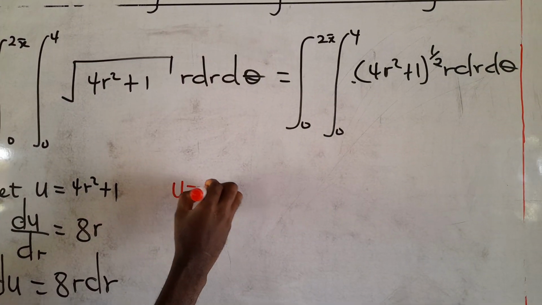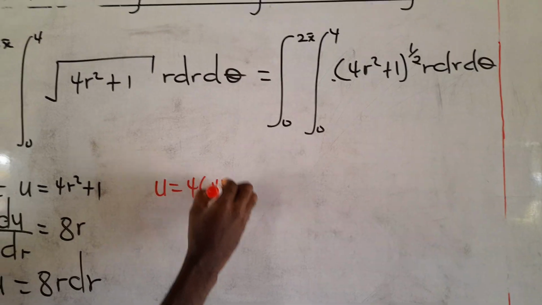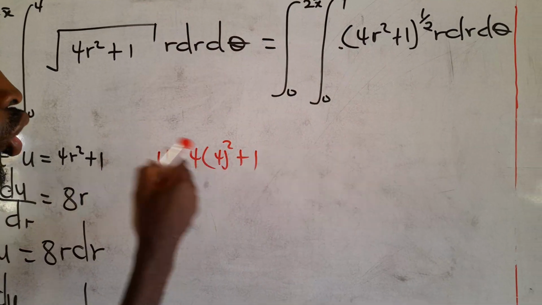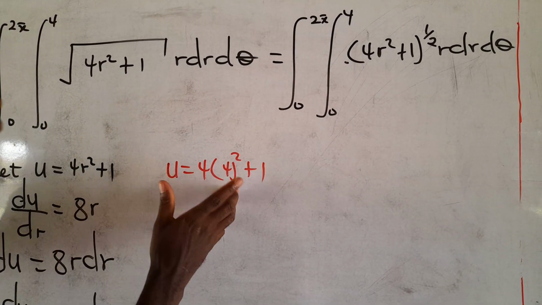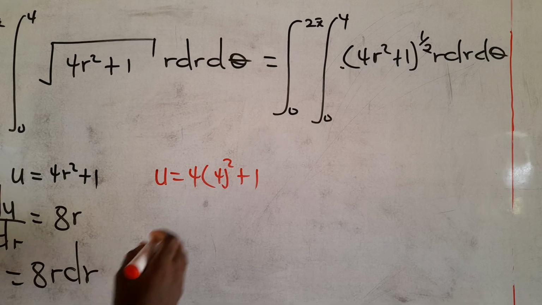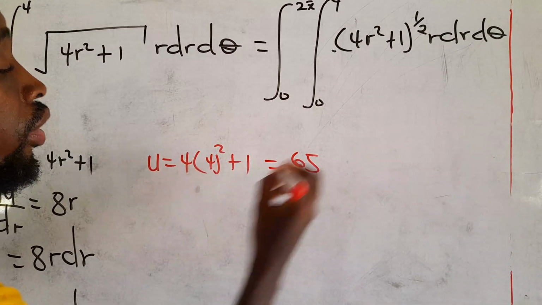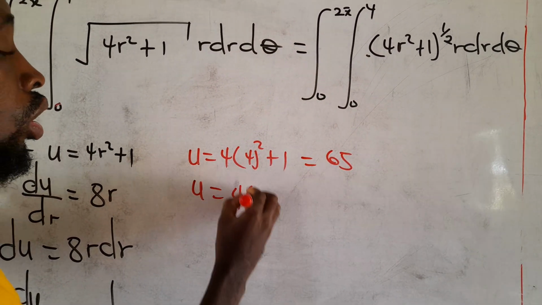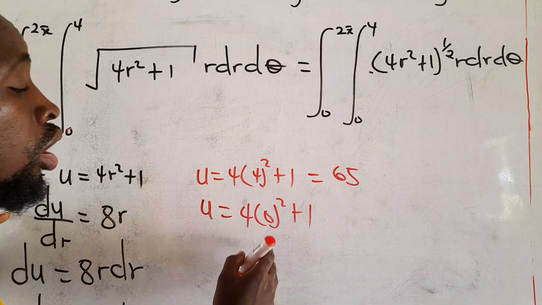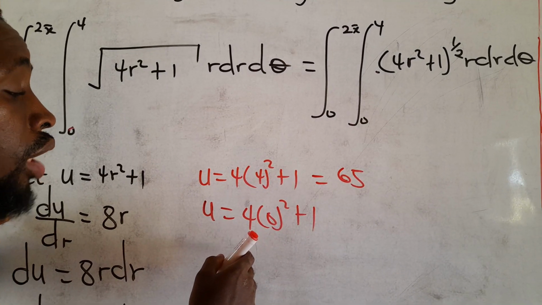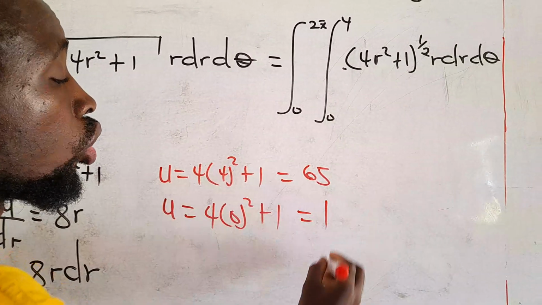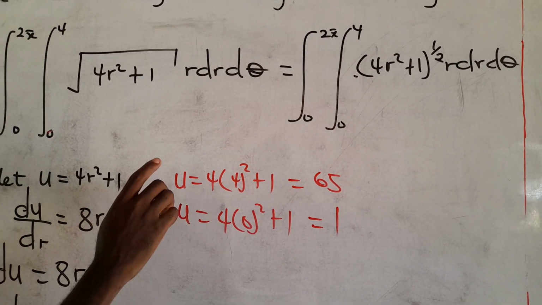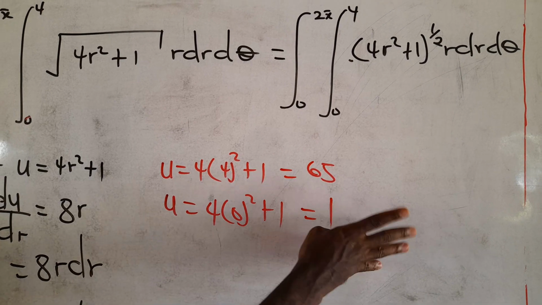U will be equal to 4 into bracket 4 square plus 1. That's substituting 4 into this place. 4 square is 16. 16 times 4 will be 64 plus 1 will be 65. Then when r is 0, our u will be equal to 4 times 0 square plus 1. 0 square is 0 times 4 is 0 plus 1 is 1. So the corresponding value of r in u will be 65, spanning from 1 to 65.